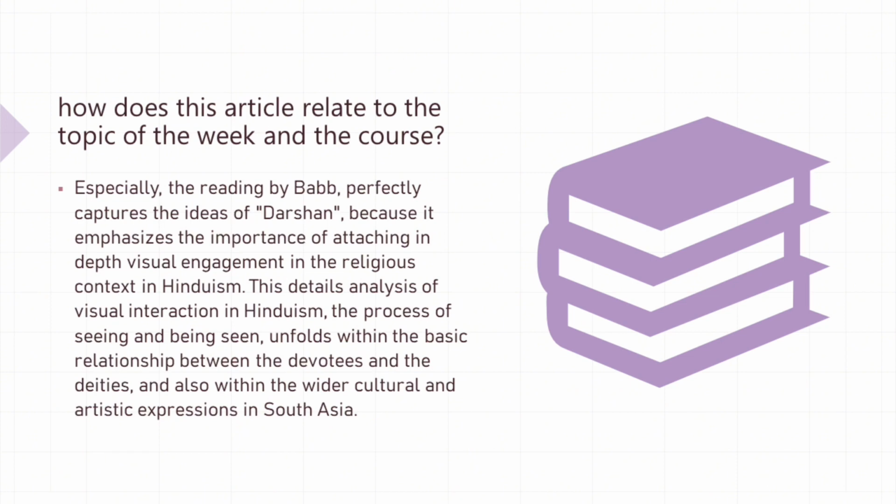This detailed analysis of visual interaction in Hinduism, the process of seeing and being seen, unfolds within the basic relationship between the devotees and the deities, and also within the wider cultural and artistic expressions in South Asia.